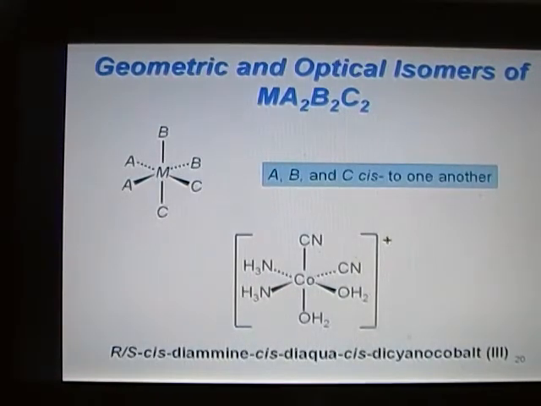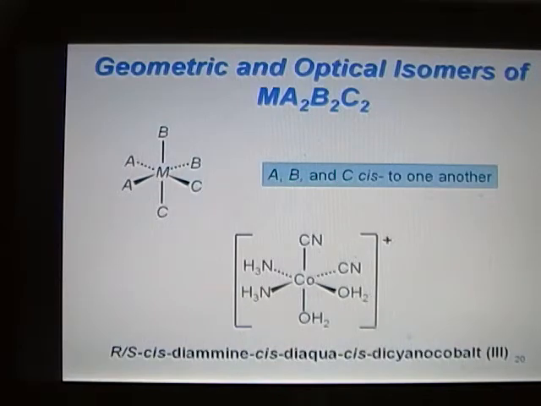Now what happens when all of the ligands are cis to one another? We need to look at an optical isomer next. In this case, A is 90 degrees from another A, so it's cis. B is 90 degrees from another B, so it is also cis. And the two C's are 90 degrees from one another, making it cis as well.